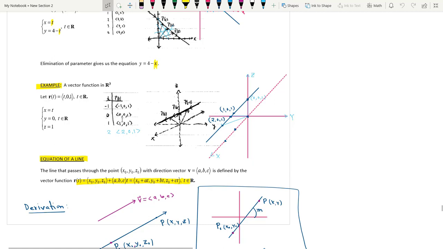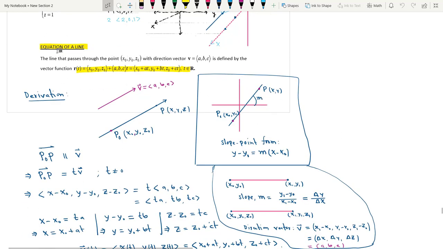Now if you plot those points, 0, 0, 1 goes 1 unit along the z-axis. The next point goes 1 unit along the x-axis, no units along the y-axis, but 1 unit along the z-axis. So it will go here. Similarly, the next goes 2 units along the x-axis and 1 unit along the z-axis. So it's here. Now if you connect those points, you will get a straight line.